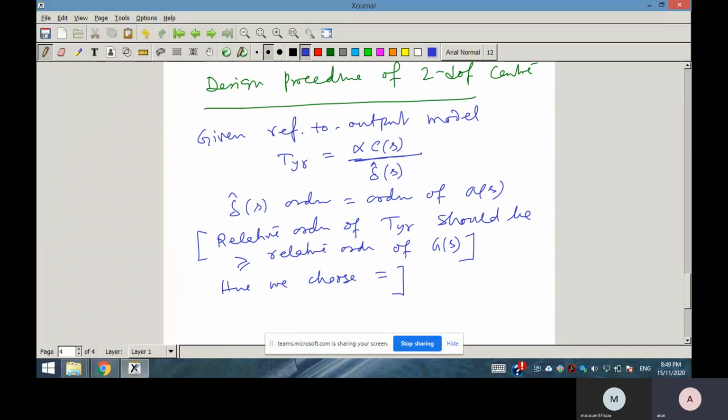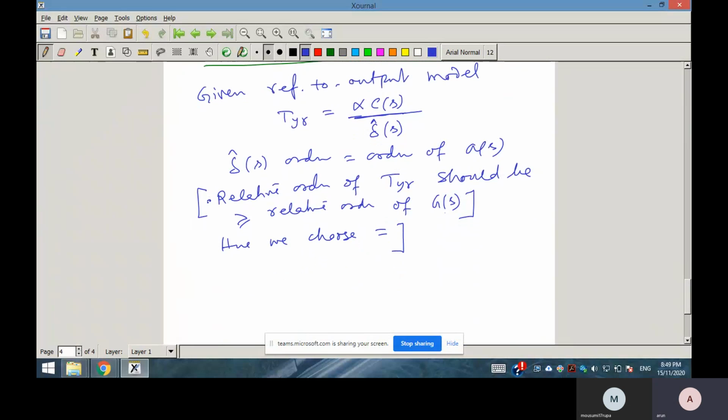But remember that the zeros of the plant have to be retained, particularly the non-minimum phase zeros. If you do not retain the non-minimum phase zero here, then you cannot achieve that model matching using two degree of freedom control. So this is another restriction: I have chosen that the zeros of the plant are retained in the TY to R characteristics.